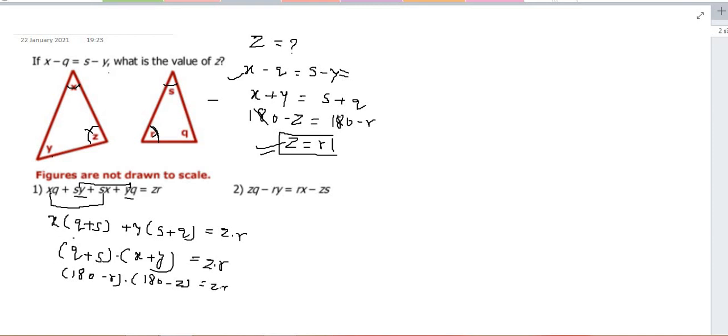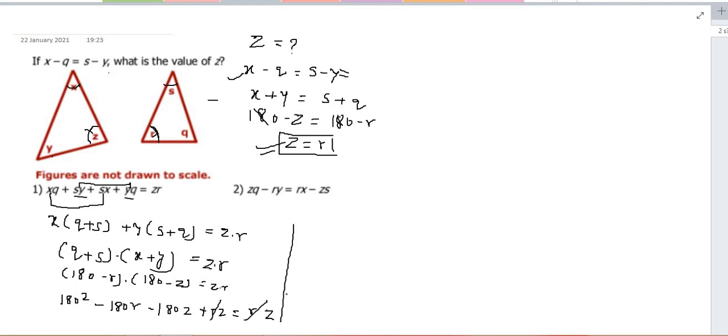Let's solve this equation. Let me multiply and expand this. So you will get 180 square minus 180r minus 180z plus rz is equal to rz. Okay, so I can cancel this rz out.